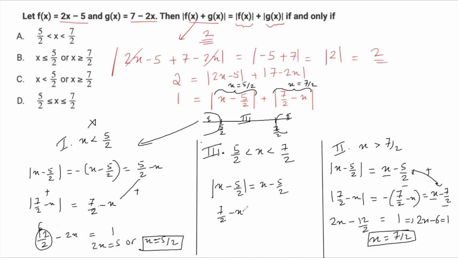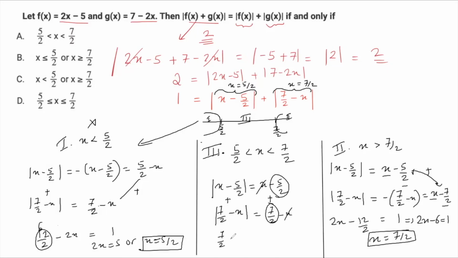And similarly, 7 by 2 minus x will also be greater than 0 because x is less than 7 by 2. So mod of 7 by 2 minus x will be 7 by 2 minus x. Now, as per the question, when we add these two terms, mod of x minus 5 by 2 plus mod of 7 by 2 minus x, we'll be adding x minus 5 by 2 plus 7 by 2 minus x. Minus x plus x cancels. We only have 7 by 2 and minus 5 by 2.